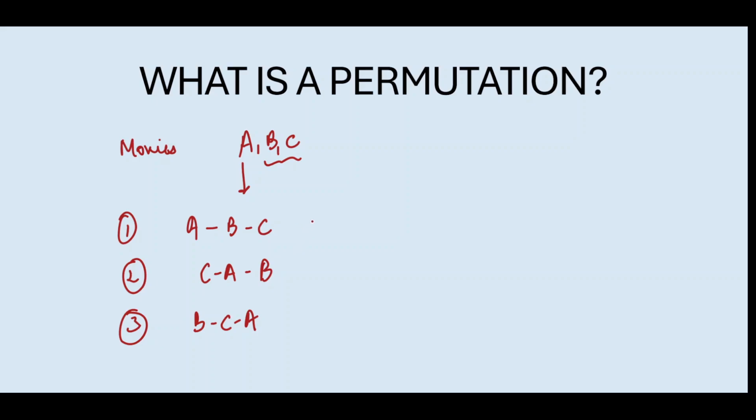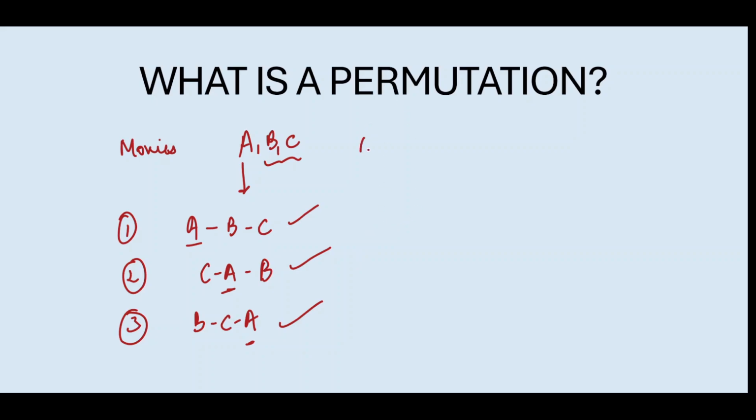Now, all of these cases are different because in the first case, you're sitting in the first place. In the second case, you're sitting in the second place, and in the third case you're sitting at the third place. These are different because who sits where matters, right?